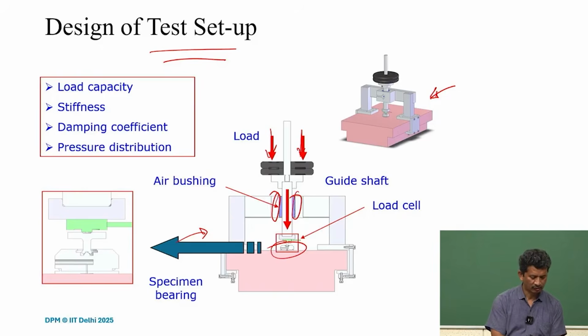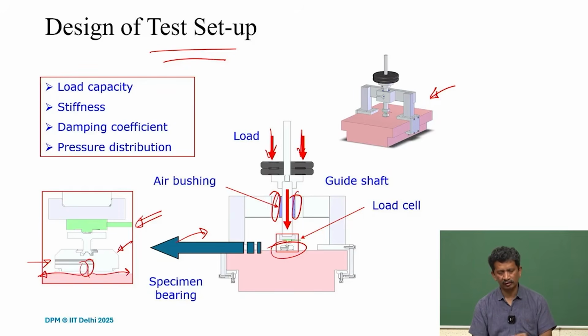Here you can see the enlarged view. This is the specimen bearing. You can see the air is going through a small orifice. In terms of dimension, these are all macro dimensions, big dimensions.